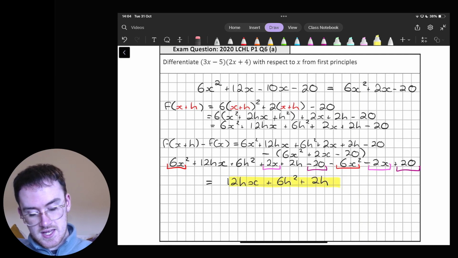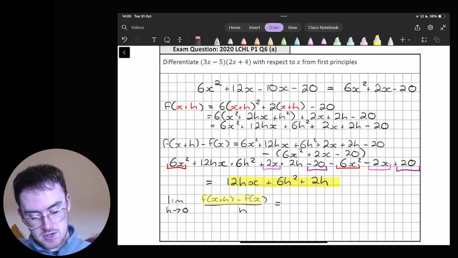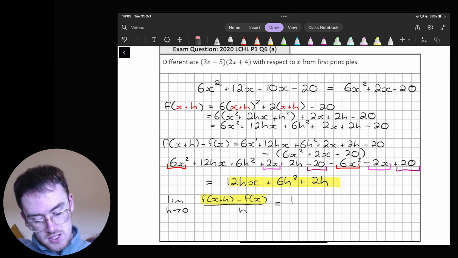If I was doing this in an exam, I would write out my general rule: the limit as h goes to 0 of f of x plus h minus f of x over h. Then I'm going to sub in what I have for the top part, which is what we've highlighted in yellow. We need to keep writing limit until we evaluate the limit.